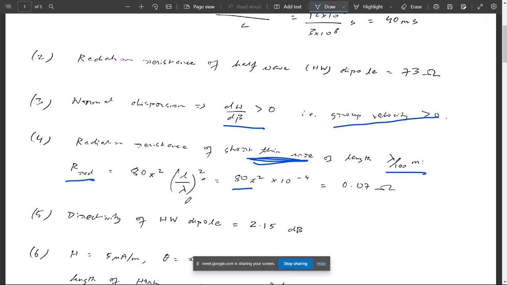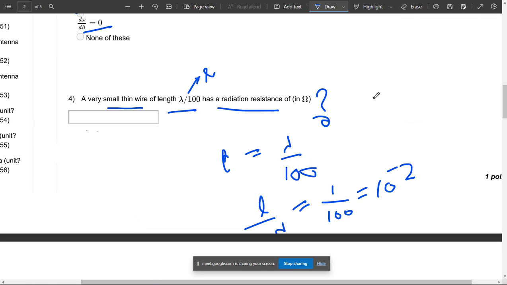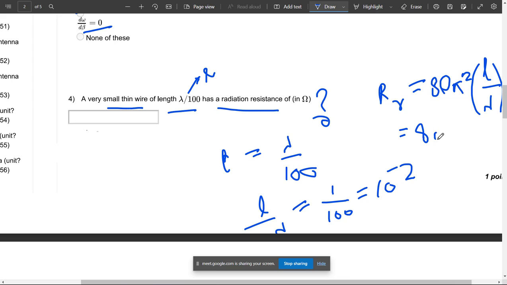So we will put 10 to the power minus 2 here and square it. So the radiation resistance R rad is equal to 80 pi square, L by lambda whole square, which is equal to 80 pi square, and 10 to the power minus 2 squared is equal to 10 to the power minus 4.